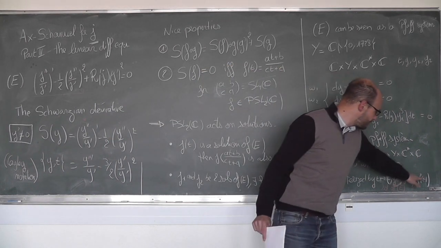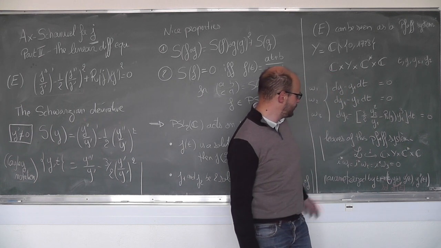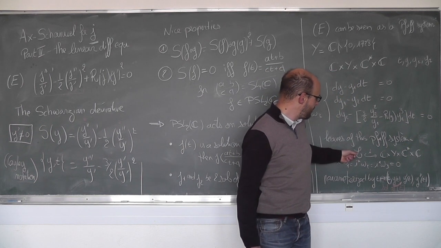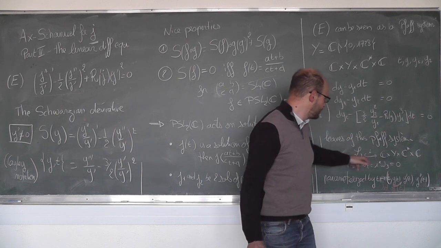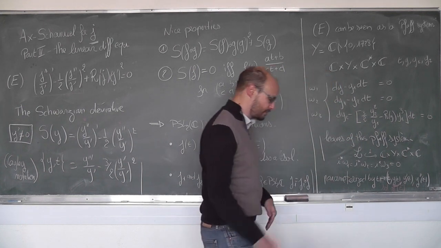Then this parameterized curve will define a map from a germ of a disk to this set that is tangent to this form here.